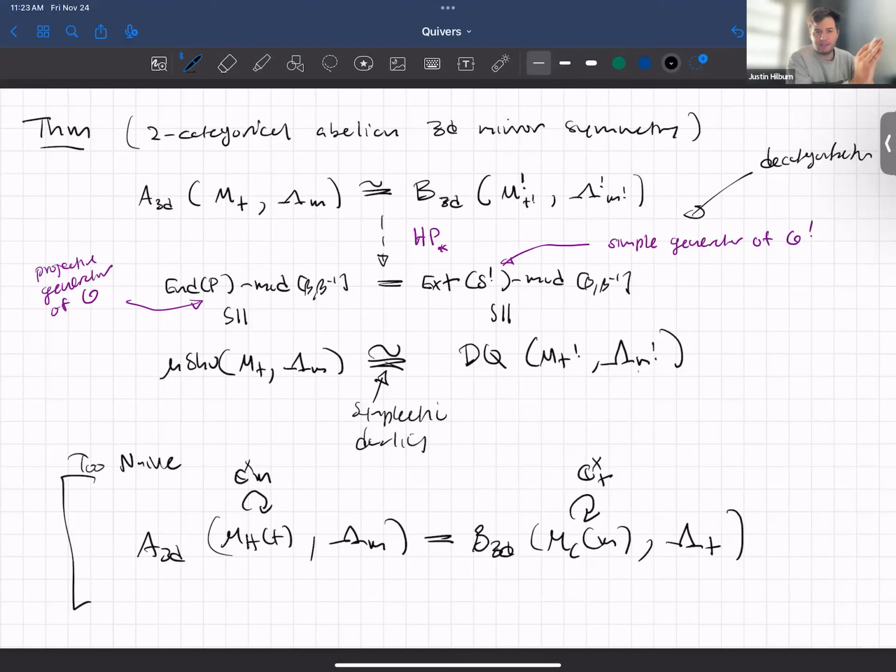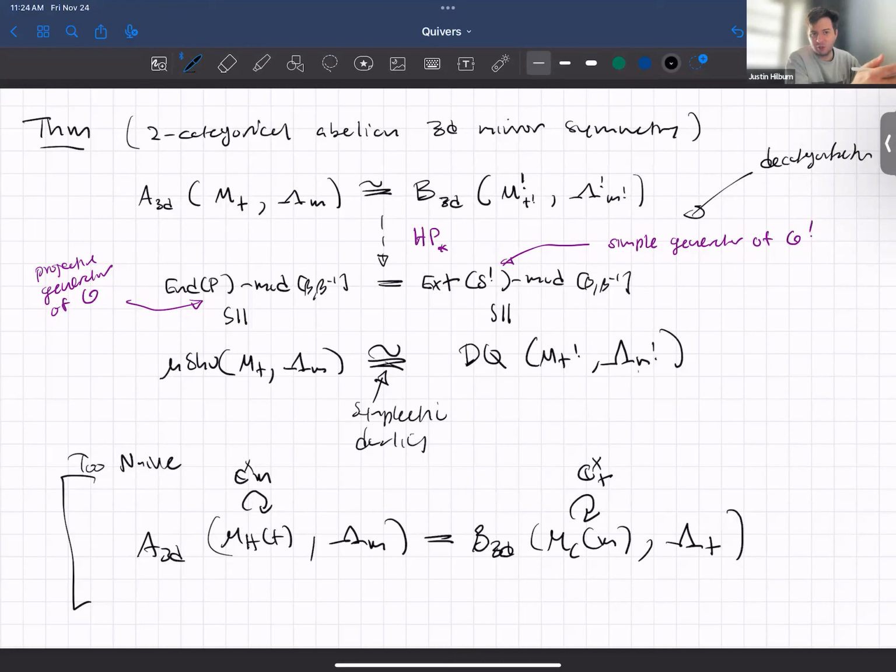If you think about the 3D A model for U1 with a hyper, say, and you ask what's the Hilbert space on a Riemann surface? It's the cohomology of the space of vortices, right? So it's symmetric powers of the curve, or some homology of the sum of the symmetric powers of the curve, and it can see more than just the GIT quotient, the Higgs branch, which would just be a point.